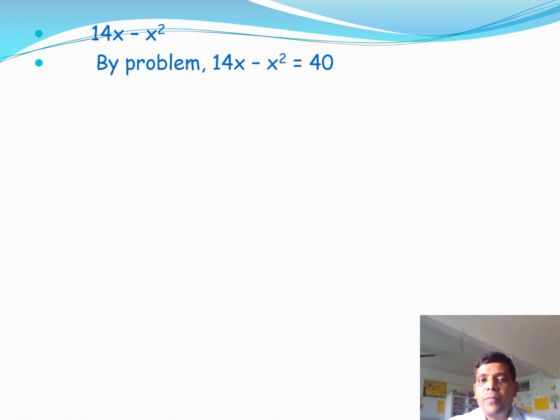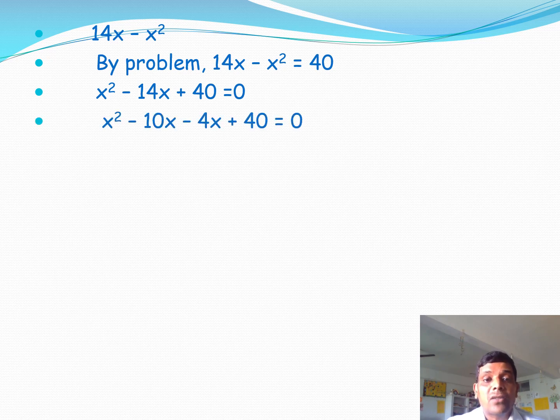According to the problem, 14x minus x square is equal to 40. 14x minus x square is in the LHS place. Transpose 14x minus x square from LHS to RHS. 14x becomes minus 14x, minus x square becomes plus x square. So this is written as x square minus 14x plus 40 is equal to 0.